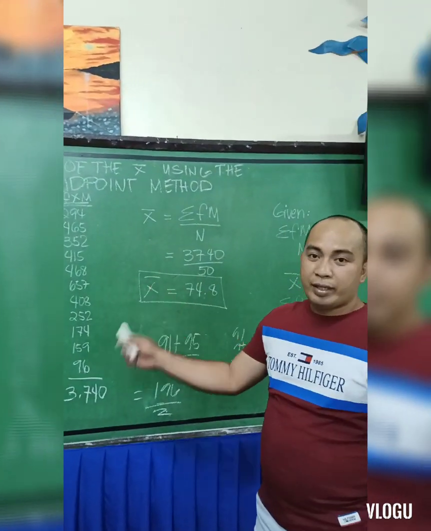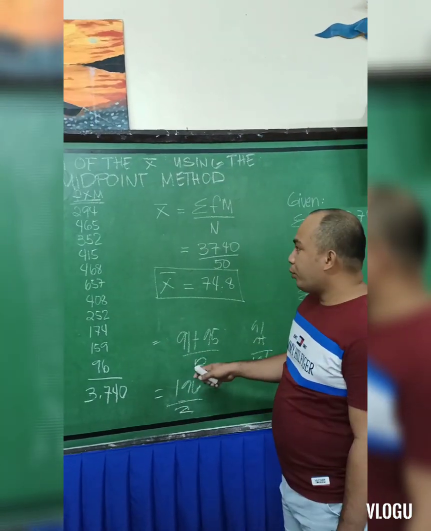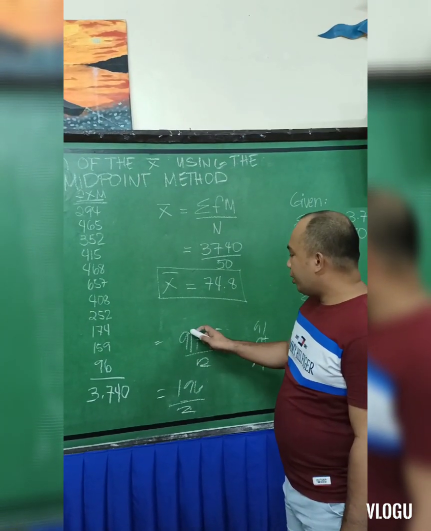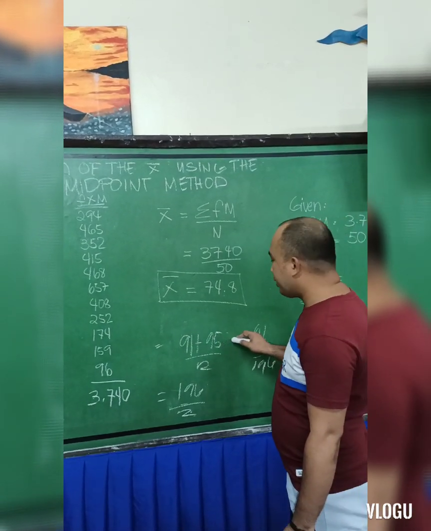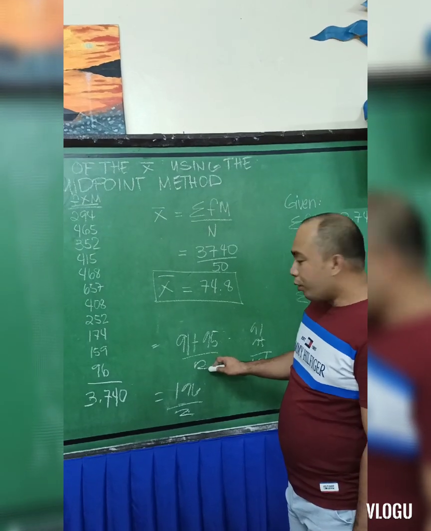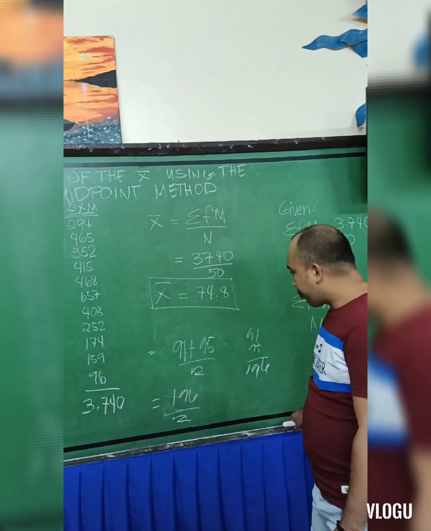So that's how we get the midpoint. We simply add the lower boundary plus the highest boundary of the class limit divided by 2. So that is our midpoint. Okay?